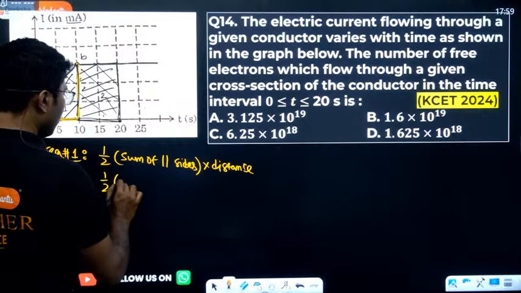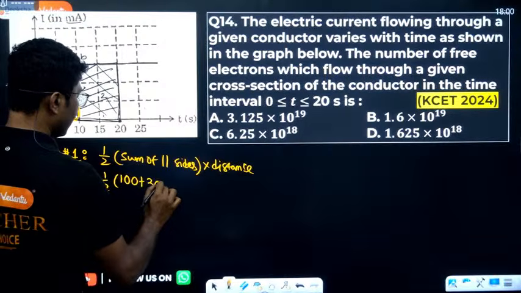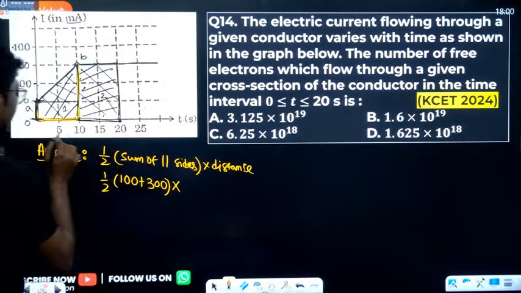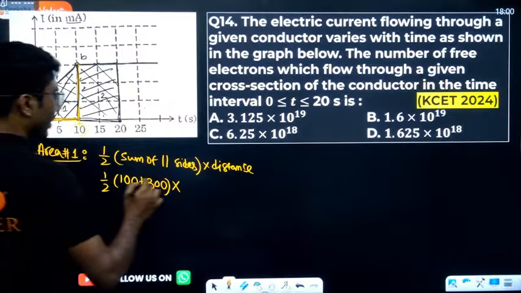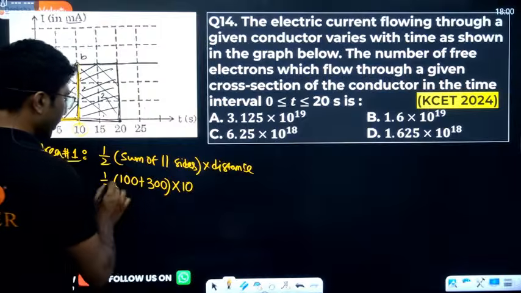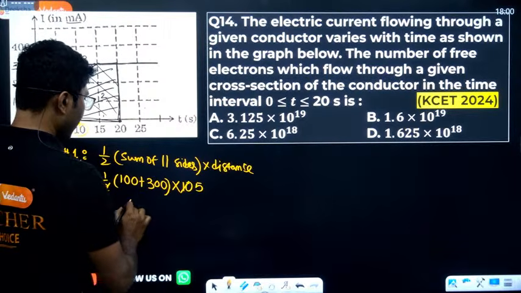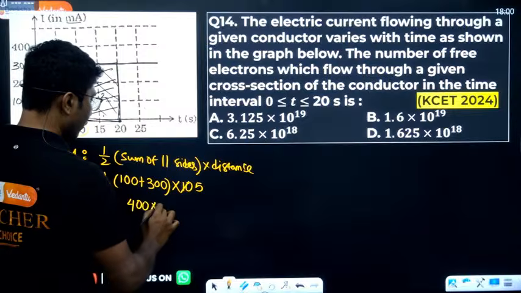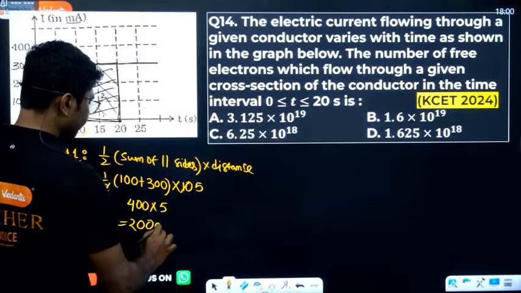So half into 100 plus 300 into the distance, which is 0 to 10, ending at 10. So it will be 400 into 5, that is 2000.